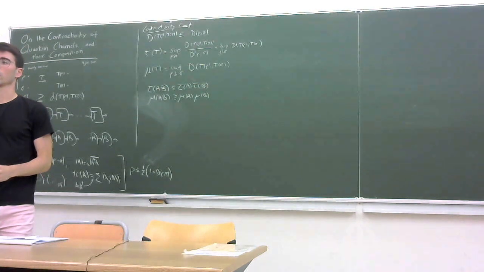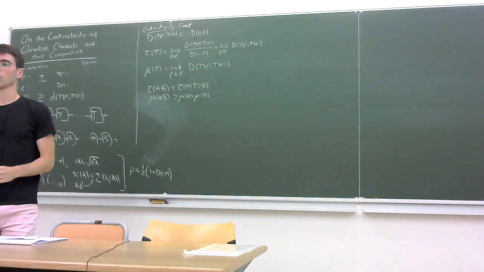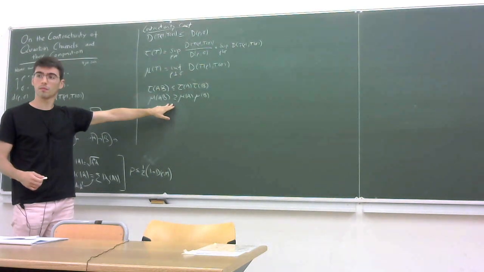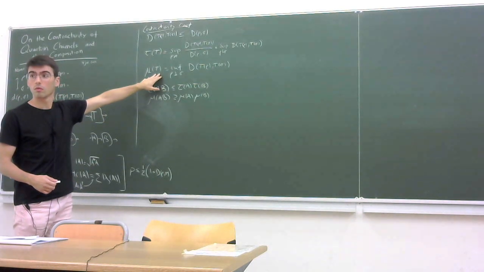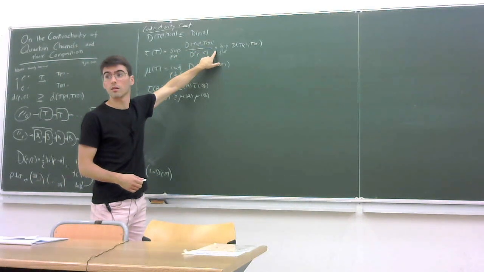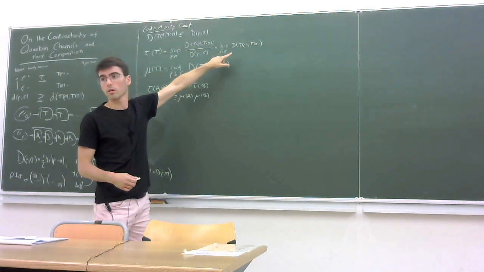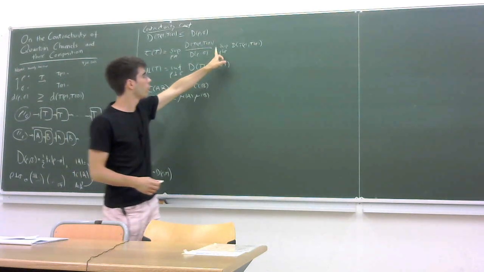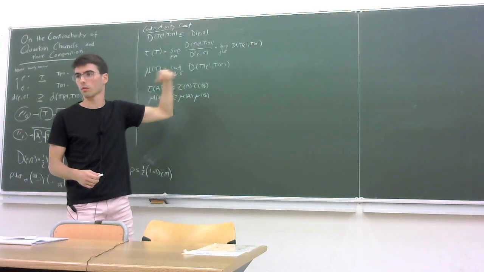But is it easy to check the second inequality? Is it easy to go from here to there? Yes, and you can even go from here to only pure states, rho and sigma pure.